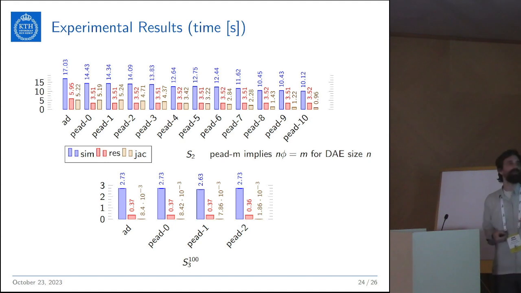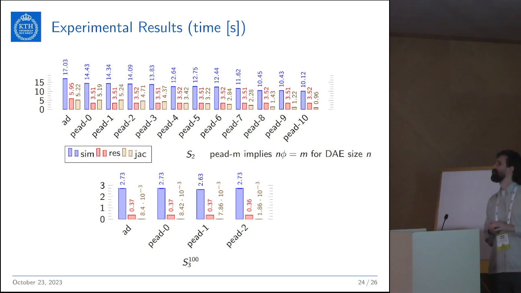The number after the period is m, the size of the Jacobian times this user parameter phi. This means that all columns that have phi times n or fewer non-zero partial derivatives will be specialized. The remaining ones will be computed using the normal AD approach.